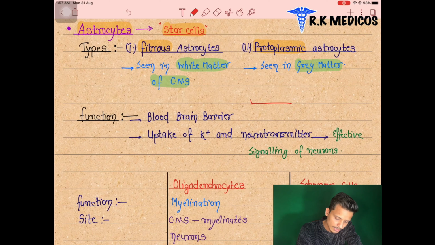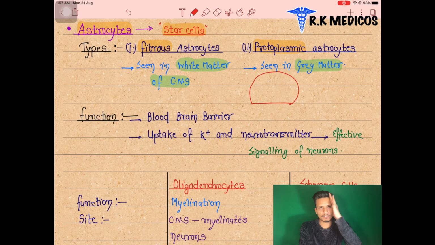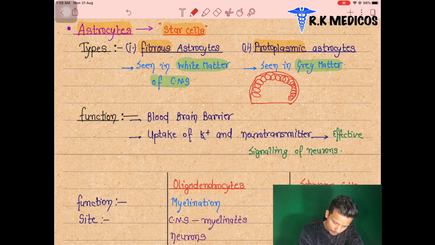Suppose here is the brain in cross section. In that way we cut, and we can see the periphery of our brain. On the periphery there is gray matter, and white matter in this region.